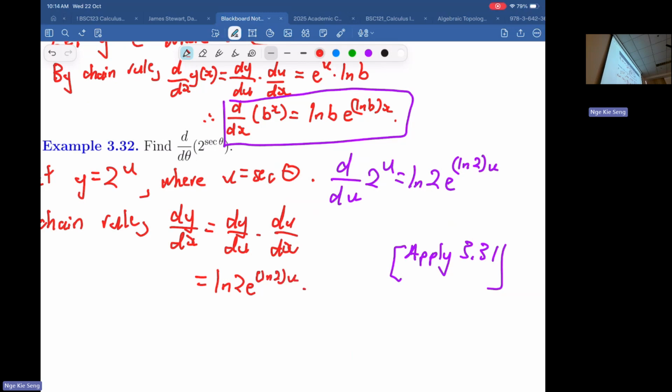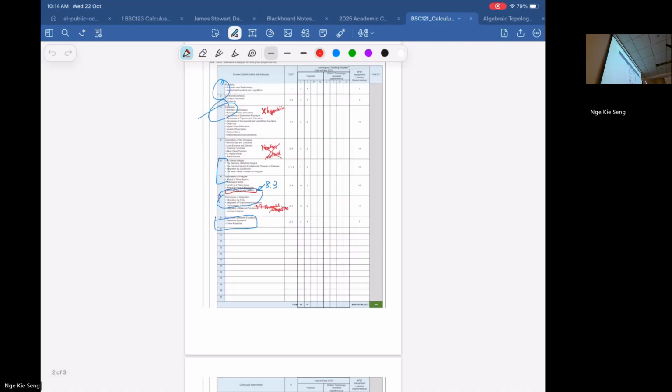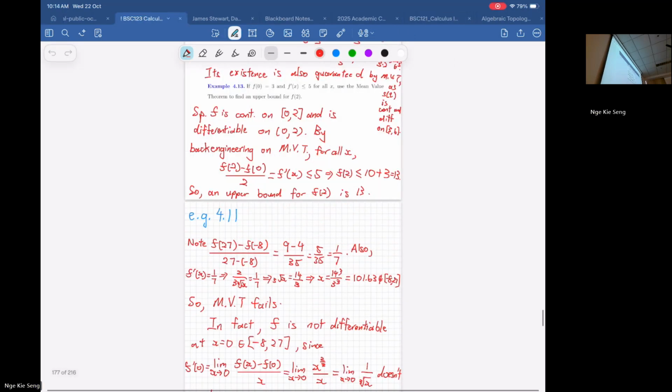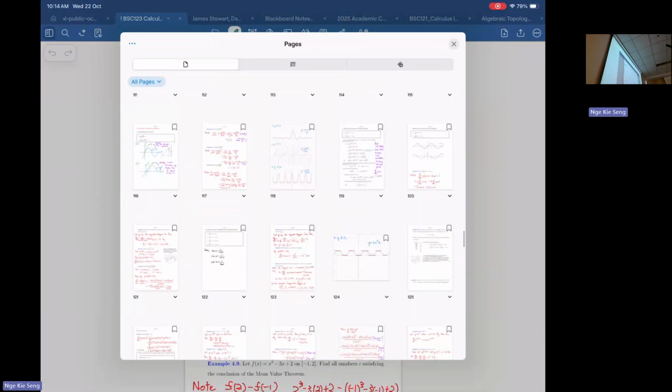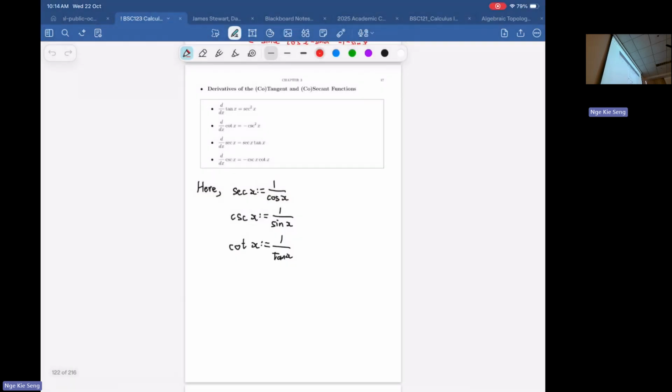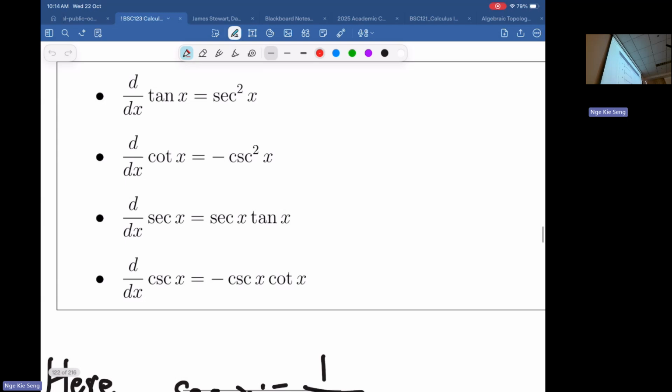So du over dx, how about du over dx here? This is a standard trigo derivative, right? Maybe you can flip up your formula sheets. What's the derivative of secant? Find it in the trigo chapter. The derivative of secant x is secant x times tangent x.